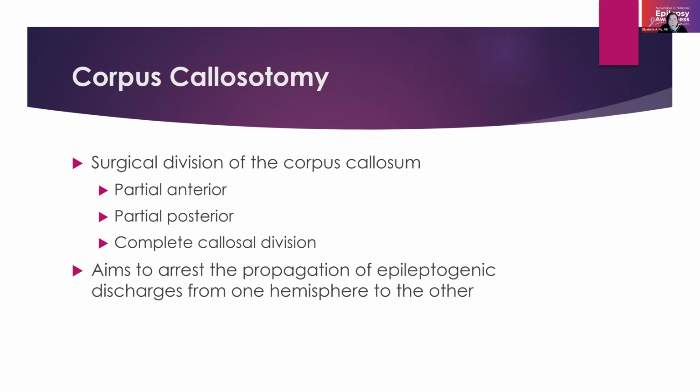So corpus callosotomy is a surgical division of the corpus callosum. It's either partial anterior, partial posterior, or complete. And the aim is to arrest the propagation of the epileptogenic discharges from one hemisphere to the other.